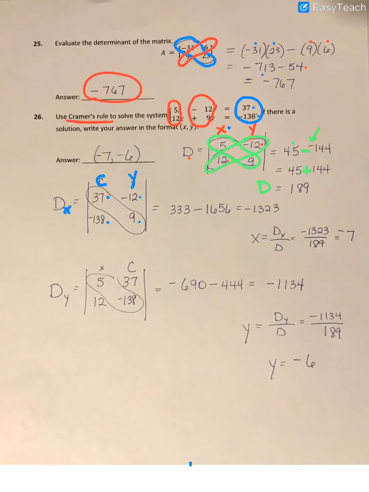And then I carry out my cross product, starting with 37 times 9. That gives me 333. And then I put my minus. And negative 12 times negative 138 gives me a positive 1656. So if I subtract 333 minus 1656, I'm left with negative 1323.